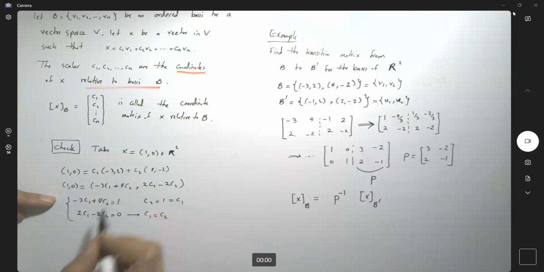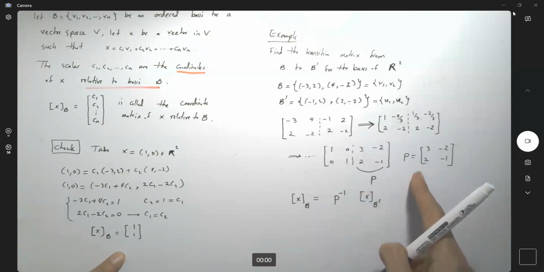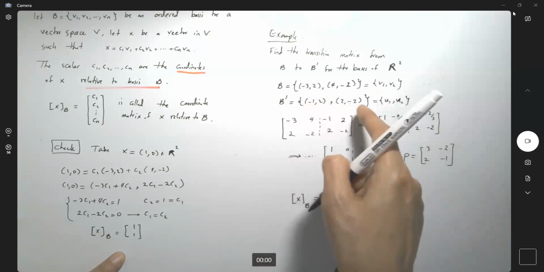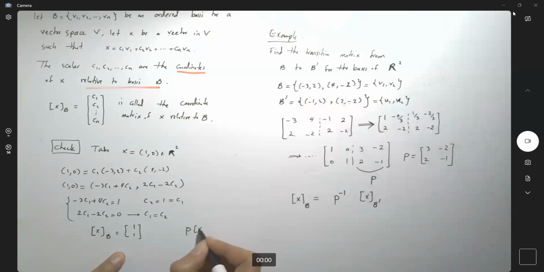So this vector (1, 0) has coordinates (1, 1) with respect to basis B. If I multiply this vector by the transition matrix, it gives me the coordinates written with respect to elements of B prime. So P times x relative to B must be equal to x relative to B prime.